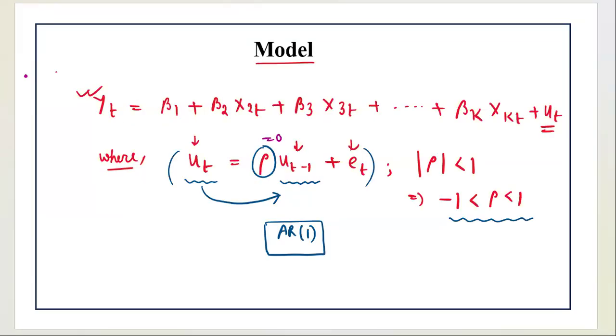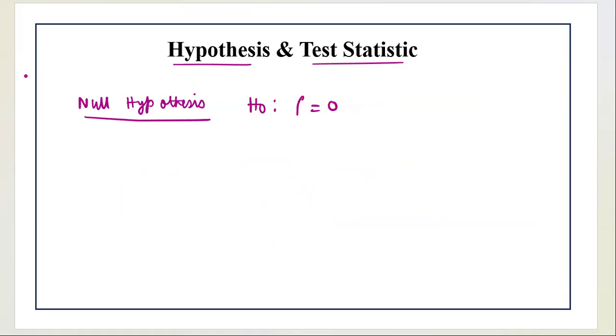If this rho value is 0, it means that ut is just similar to et, so there is no autocorrelation present in our model. So the null hypothesis always assumes that there is no autocorrelation present in our model and this rho value is exactly equal to 0, against the alternative. What would be the alternative hypothesis?